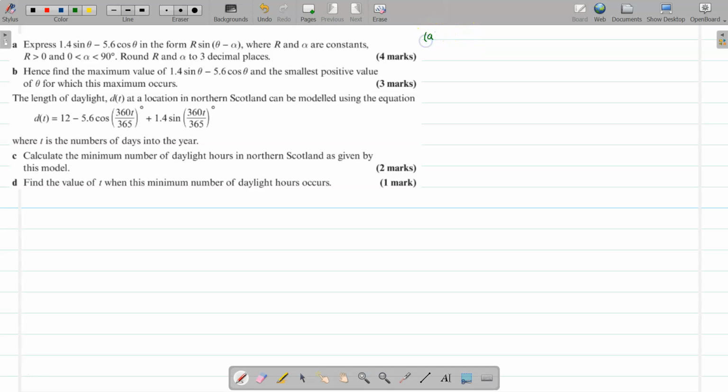Okay, first of all, we have to expand using the addition formulae r sine theta minus alpha.